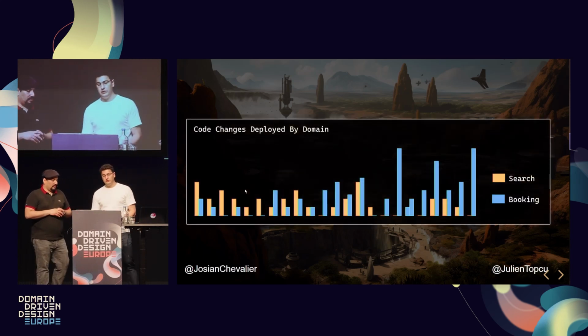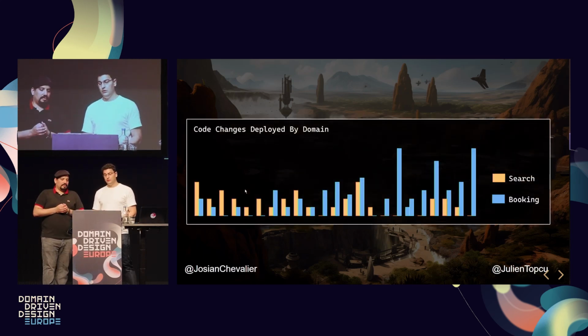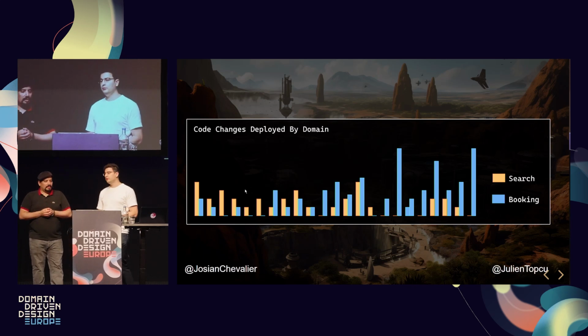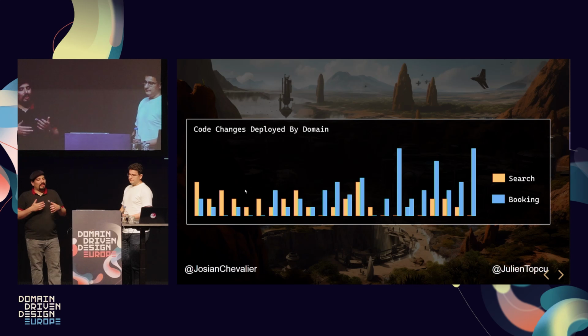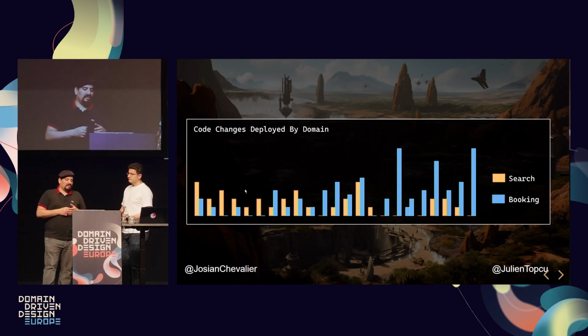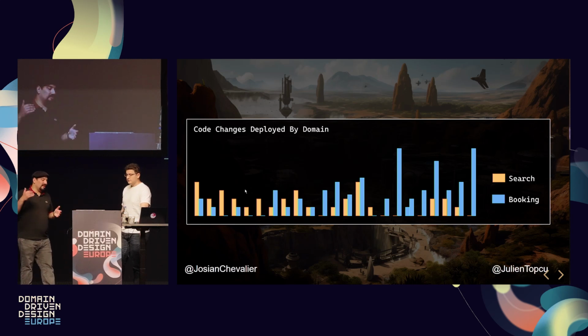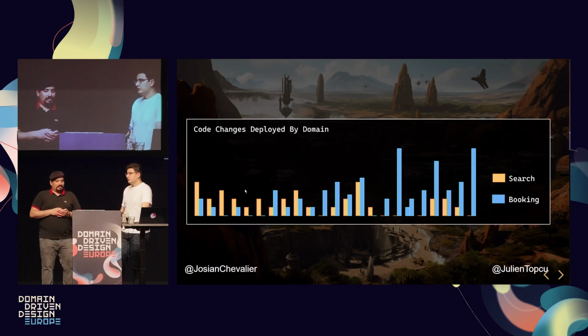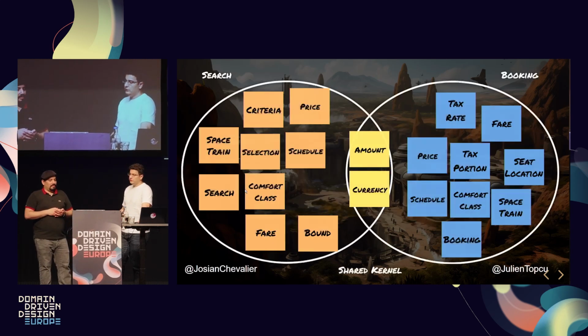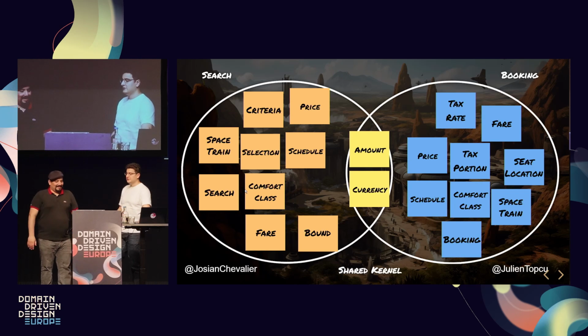On the other hand, we have a lot more deployments on booking recently than on search, and the deployments of both subdomains are completely decorrelated. This is because we don't need to add more new features in the search. That's pretty stable. And since booking is new, there's some kind of feature pressure on that. Yeah, and we have to handle this instability on the search as well. So honestly, it will be much better if we can go to microservices because of this.